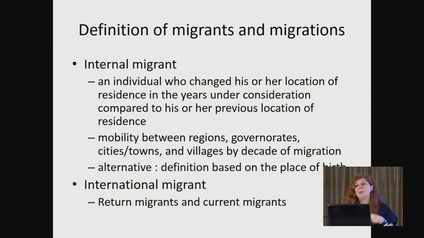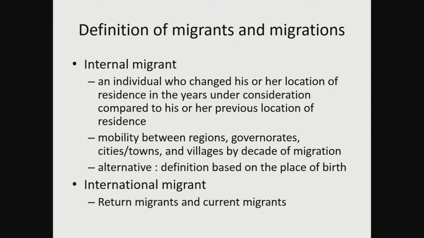Also, retrospectively, when they declared it, they have changed their location. So this allows us to compute mobility between the regions of Egypt, between governorates, also between cities, towns, and villages. And then we also try to compute that by the decades of migration to see a little bit how this might have changed over time.